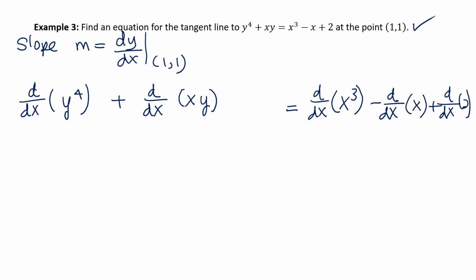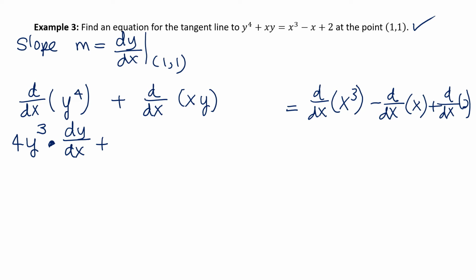Taking the derivative of y to the fourth. Bring the 4 down. Y to the 1 power less is 3. When you take the derivative of y, you need to multiply it by the derivative of the inside function. You can use dy/dx or y prime. They both mean the same thing.